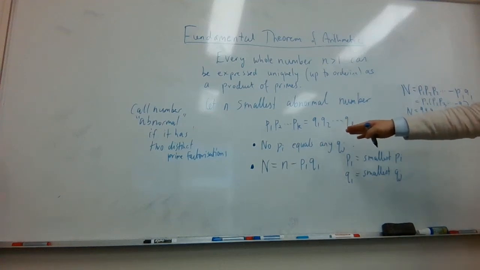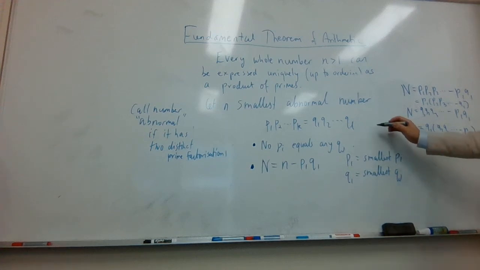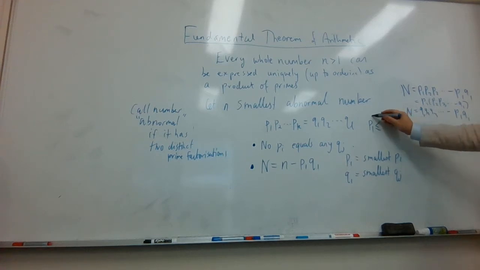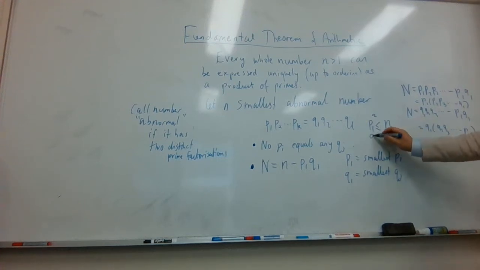n is composite, it's not prime. There's something else times n. And so we know, for example, the square of P1 is less than or equal to n, right? Kind of obvious. Same is true for Q1.